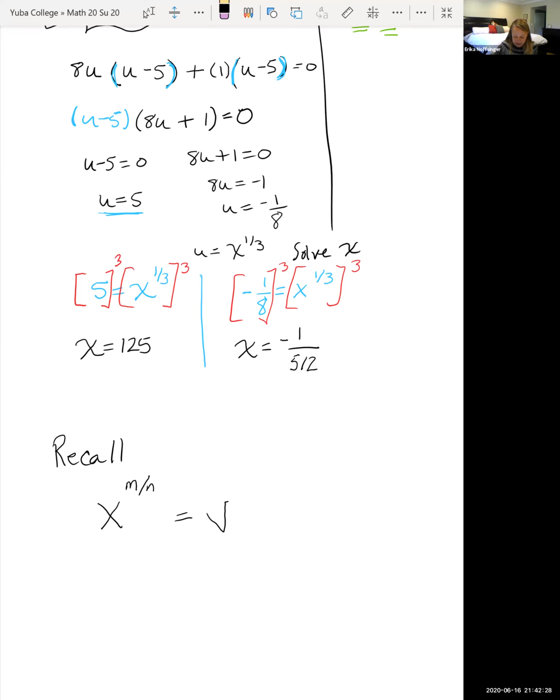So x raised to the m divided by n power is the nth root of x, and the numerator is what power you're raising this to. It could be under the radical, but a lot of times it's better to pull it out of the radical, just because you don't have to deal with bigger numbers underneath the radical and figure out what root that is.